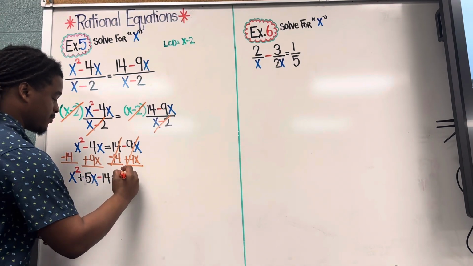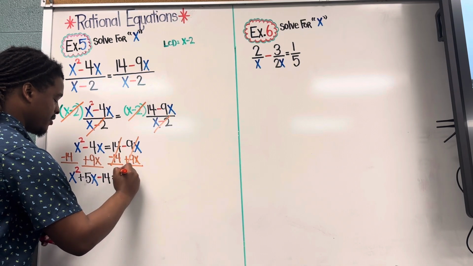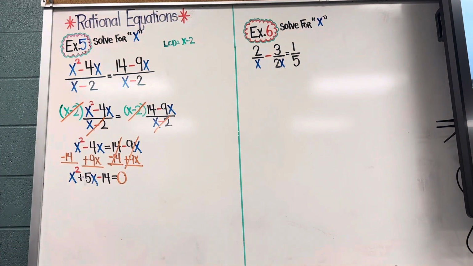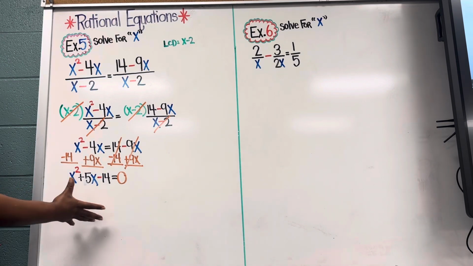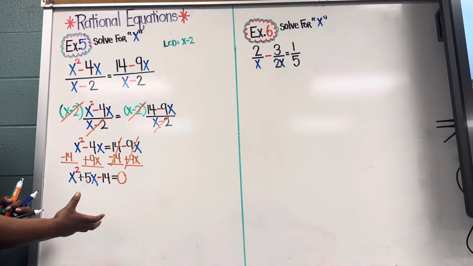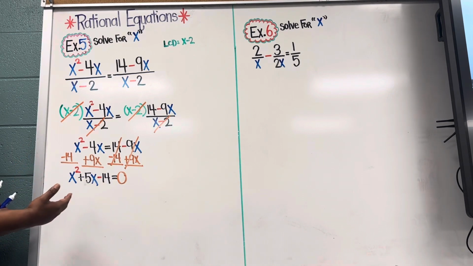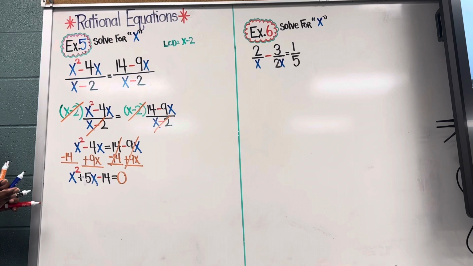All of this is going to equal 0 now. So guys, there's two ways where we can actually find the value of x. Either we can factor, or we can use the quadratic formula, all right? So I'm just gonna go ahead and factor, guys, because that's a quicker way, okay?